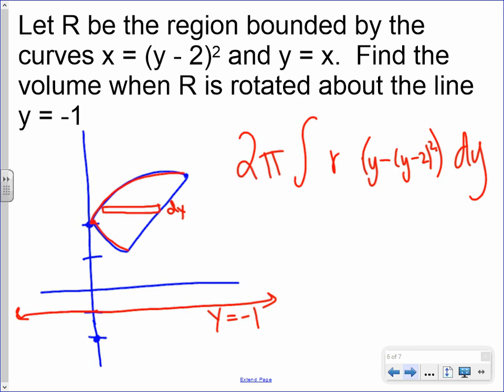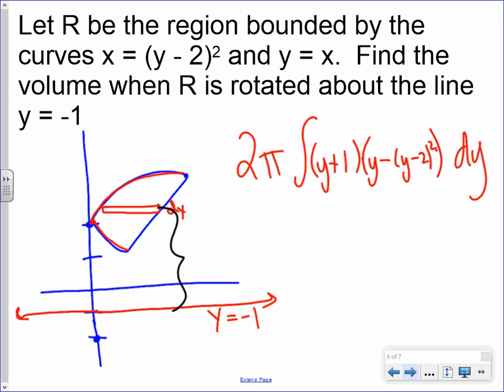Okay, and then the radius is from the rectangle to the axis of rotation. So our radius, we then could describe as what, Callie? Would be y plus 1. Callie asked, would it be y plus 1? Yes.